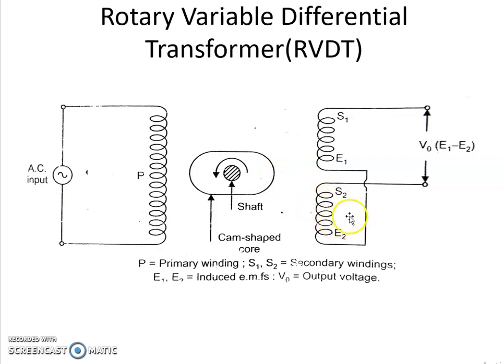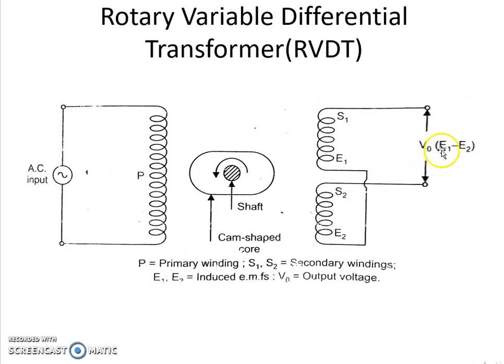Therefore the EMF induced across S2 will be more and the EMF induced across S1 will be less. In that case, the differential voltage V0, which is E1 minus E2, decreases. When the core is moved in the anti-clockwise direction, E1 increases and E2 decreases, so E1 minus E2, that is V0, increases.